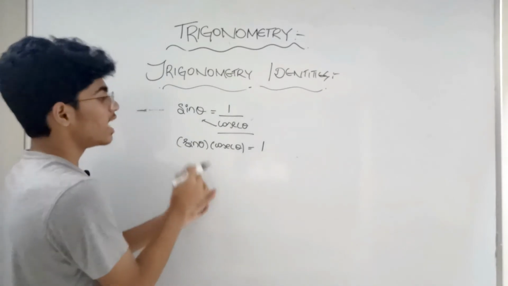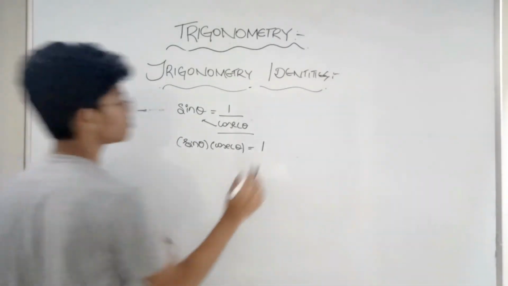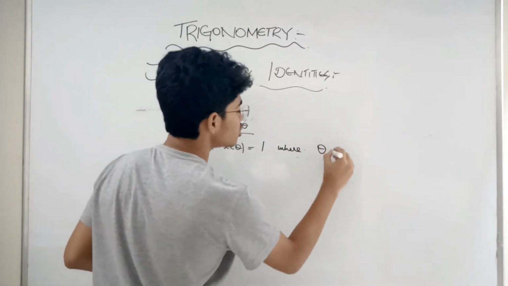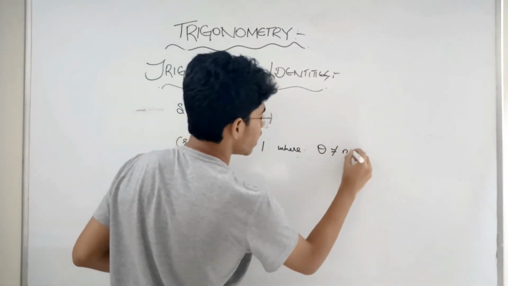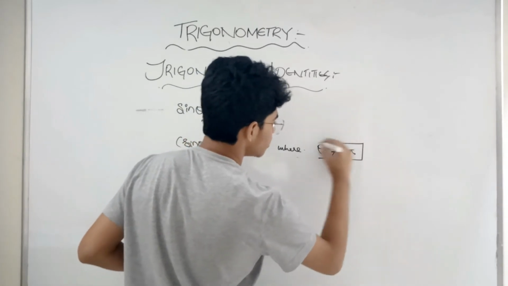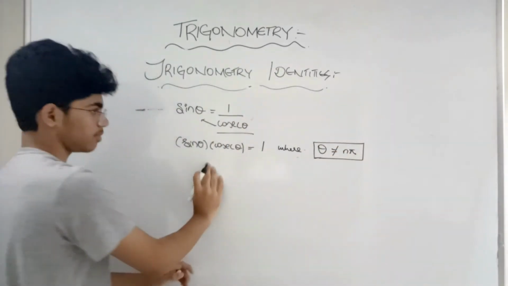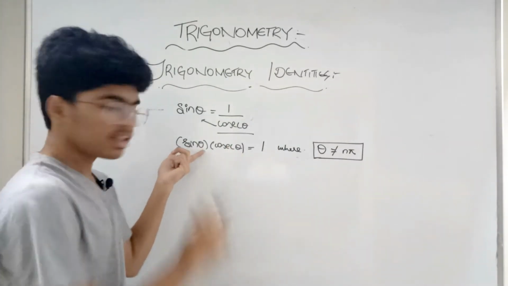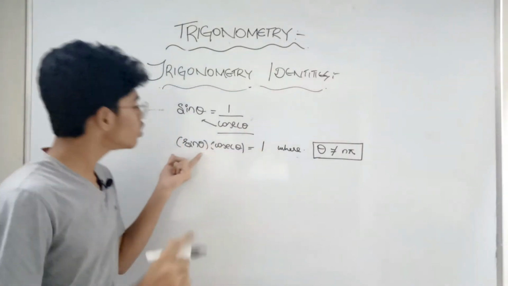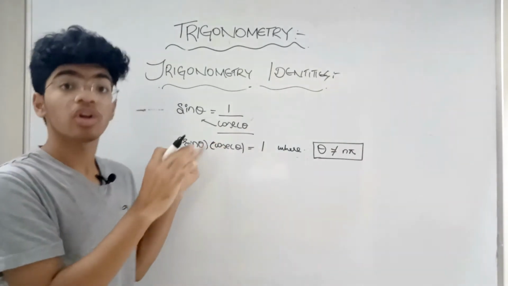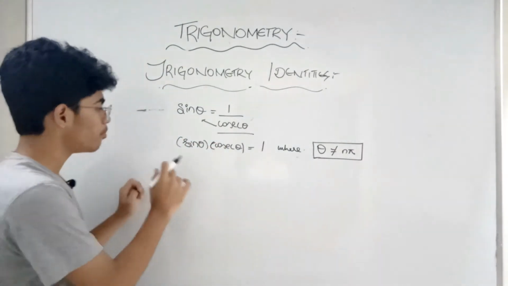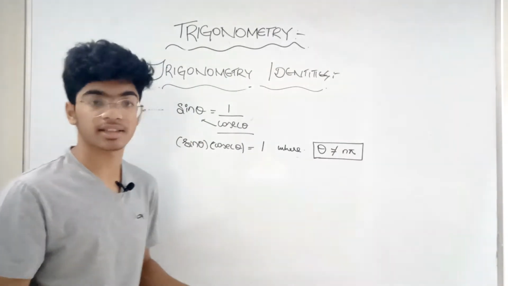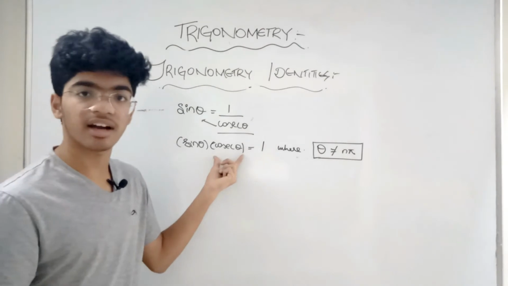Yes, it has some rules where theta should not be equal to n pi. This is important because for sin theta, if you have observed the table, there is no not defined, no infinities, which means every value of sin theta is defined, but not in the case of cosecant theta.